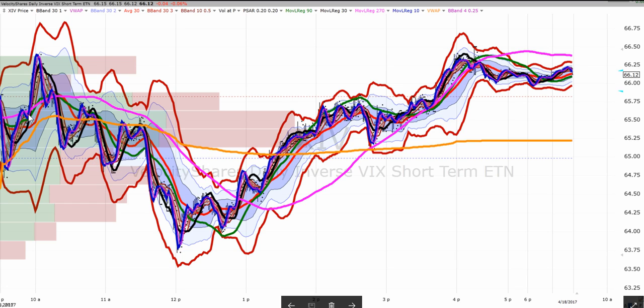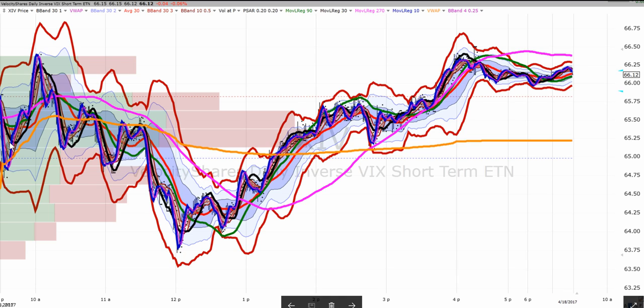So plus or minus 1 is the river, that's dark blue. The light blue is the floodplain, and that's a 30-period Bollinger Band plus or minus 2. Then the outer red lines plus or minus 3. That gives us the ranges of normal and excursions during the day.